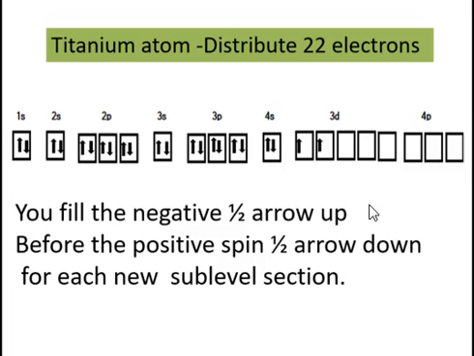If you look at the periodic table and you look where that is, you have put 2 electrons in the 3d sublevel. Look and see that titanium is 2 into the 3d sublevel.